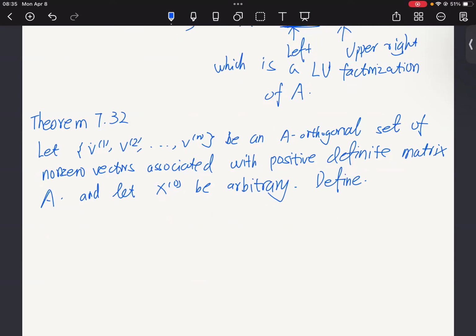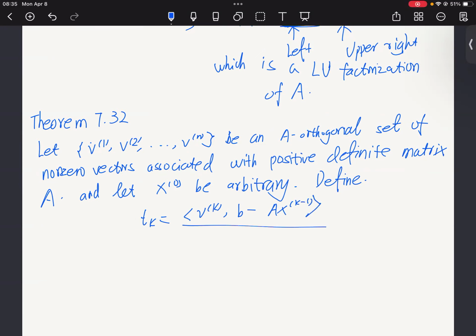And if we define the iterations, it looks like this. So we have the tk, and if you recall what we have done last time, this is the optimal t value to get the minimum value in that direction. And xk minus 1 is just the iteration result from step k minus 1, and then vk. And this vk here is defined with those A orthogonal vectors, and it's already decided there.